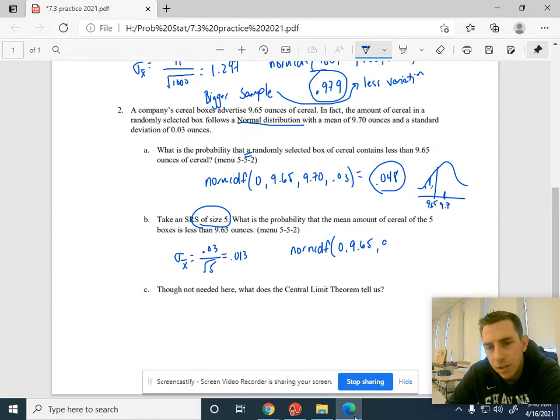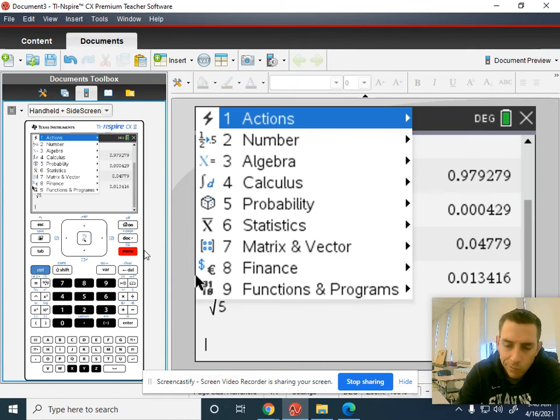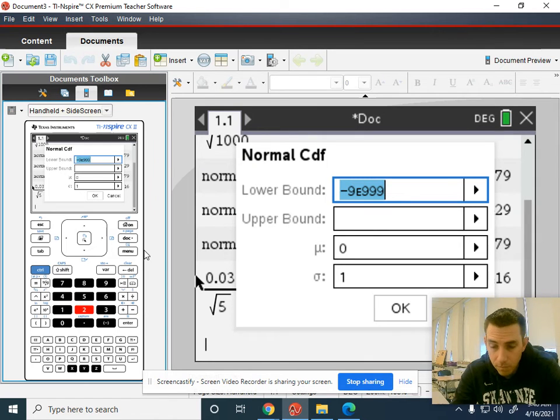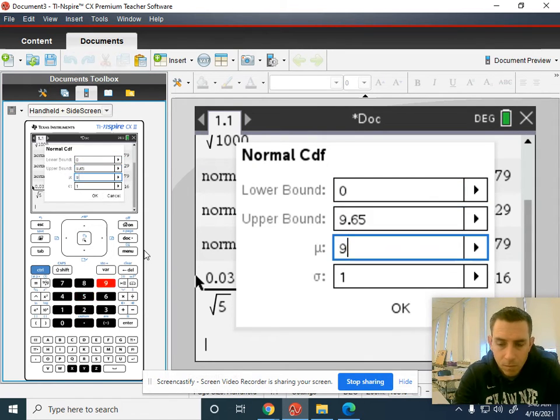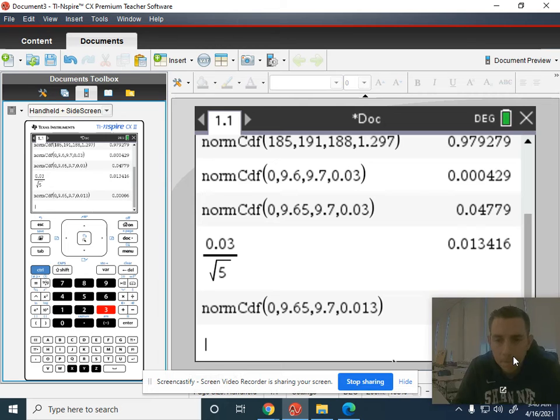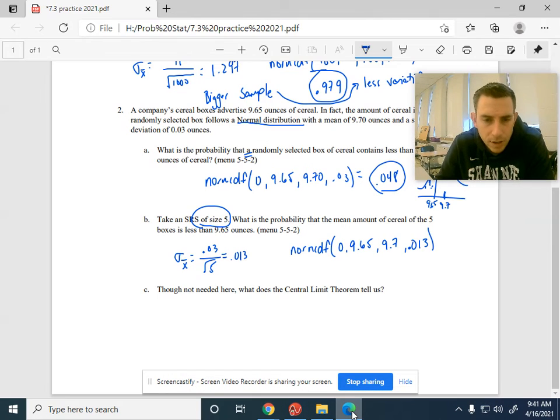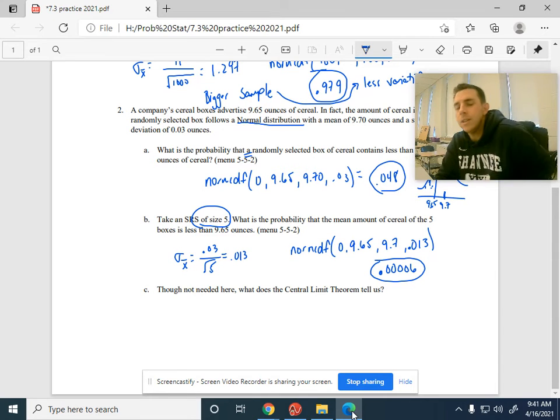Remember, the only thing that changes here is I have a new standard deviation. Four zeros and a 6. So look, basically a 0% chance of getting this. 0.00006. Like we said, that would have been very difficult to happen. We knew the likelihood was going to be extremely low.